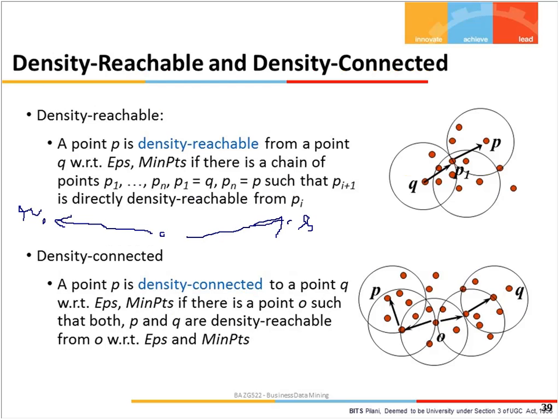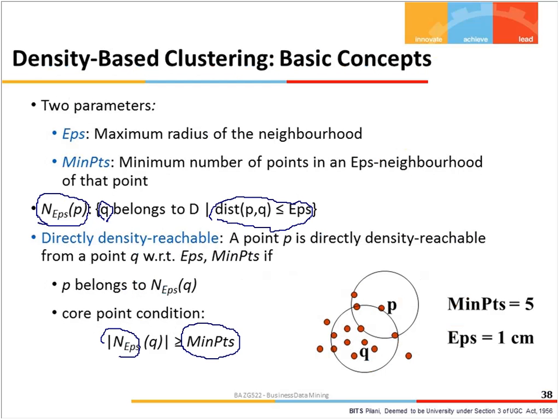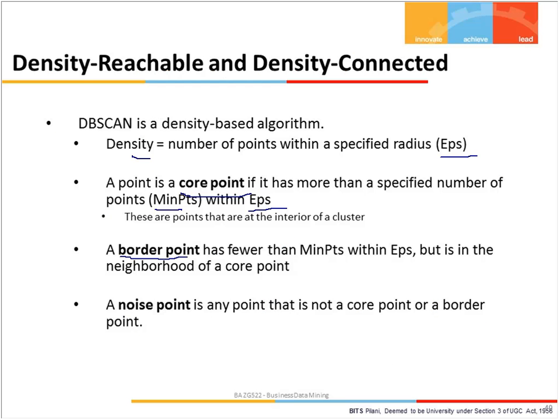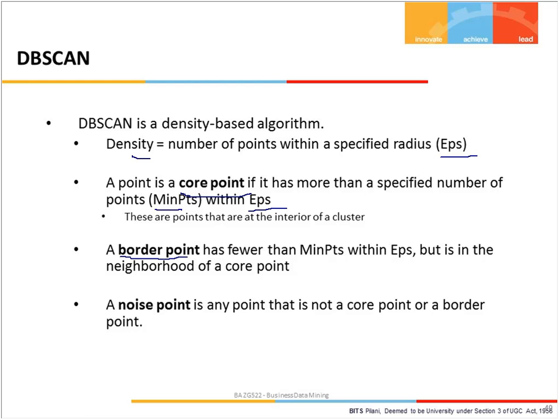So in this case, P is not a core point, but P is within the epsilon neighborhood of Q. So what it means is that P is a border point. And you can have a noise point, which is neither a core point nor a border point. If it belongs to neither of the categories, we call that a noise point.